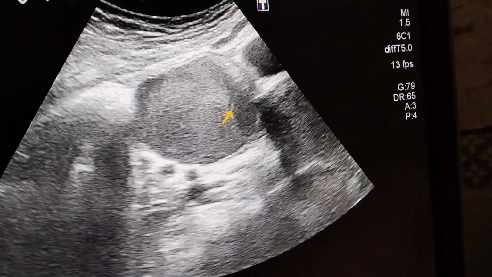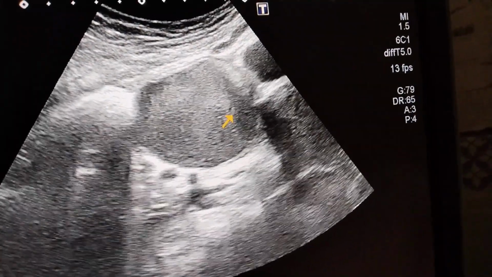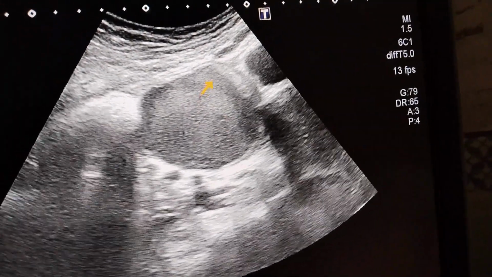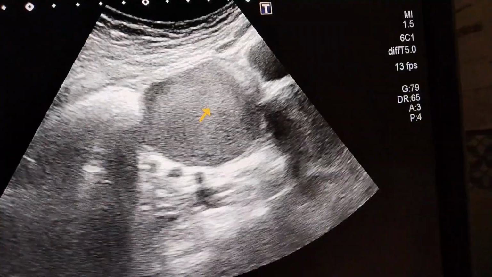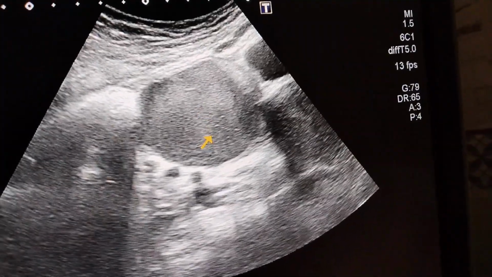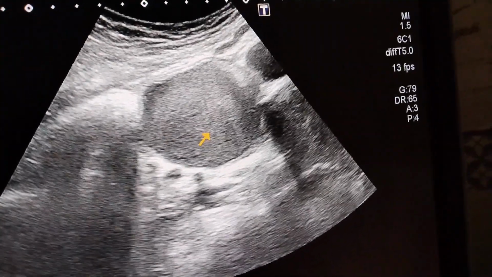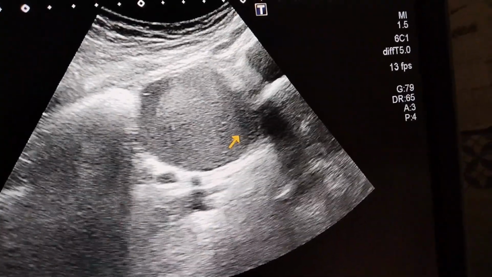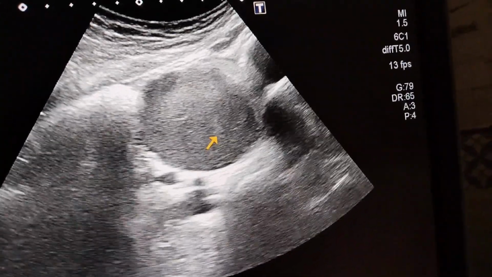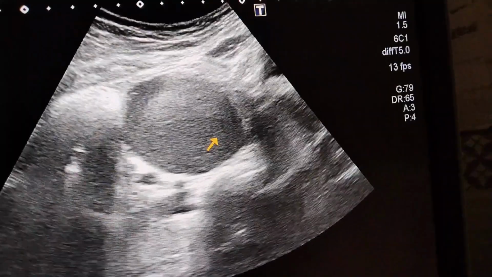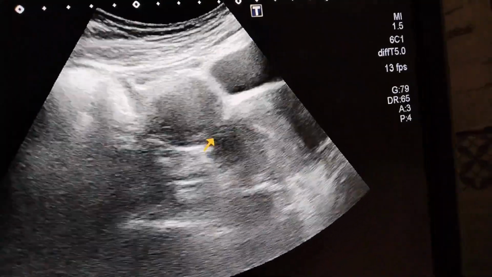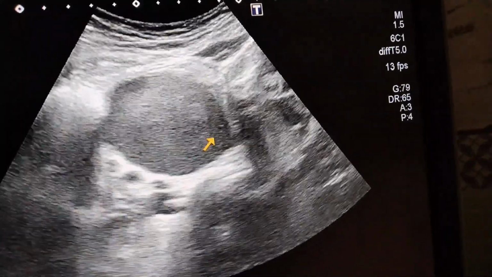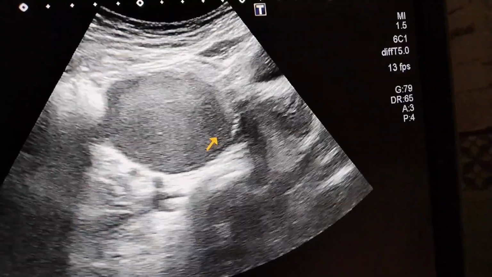When a surgeon opens the chocolate cyst after excision, it gives a brown colored material which is like melted chocolate. For this reason, it's called chocolate cyst.